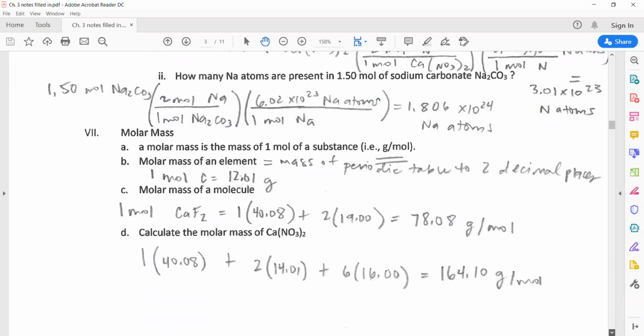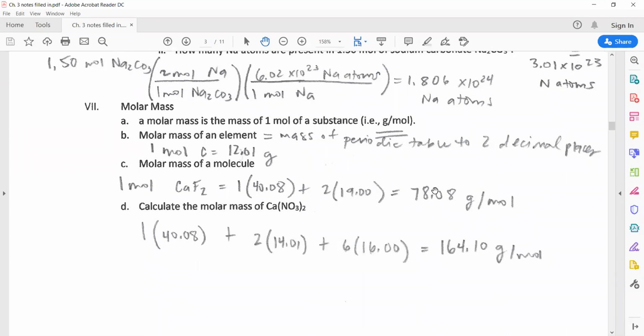Molar mass can also help us a ton, where molar mass is the mass of 1 mole of a substance, and it's also based on the periodic table. So the molar mass of an element is just the mass from the periodic table. We're still going to go to 2 decimal places, but now it's in grams rather than atomic mass units, because this is a mole of a substance.